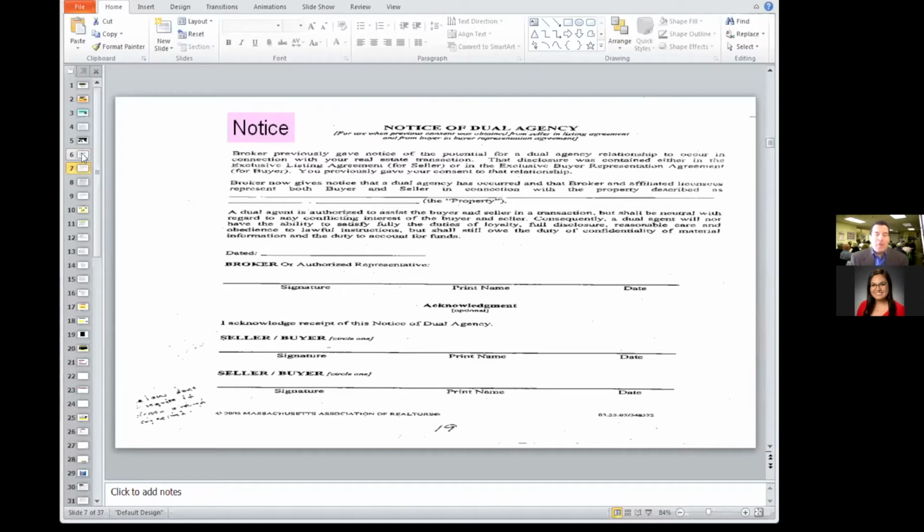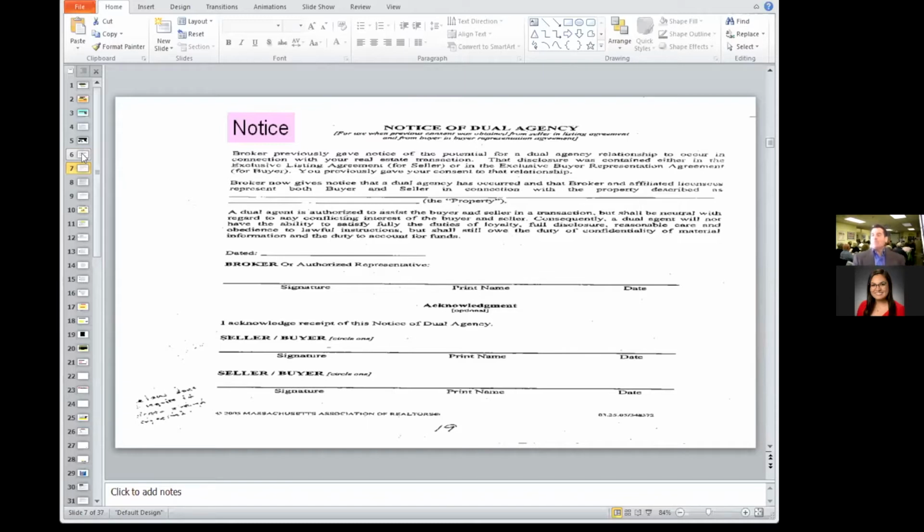In some of the contracts you use, the notice of dual agency is built in, so you would check the proper box. But if you don't have it in your contract, you would have to have a standalone form. You can get these forms online, and you do have to have them.